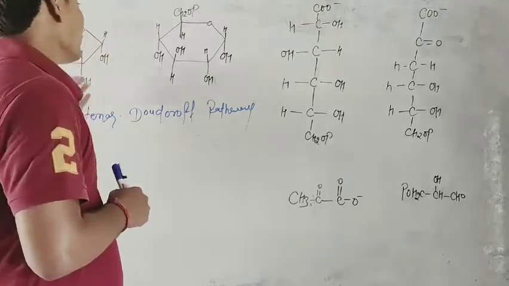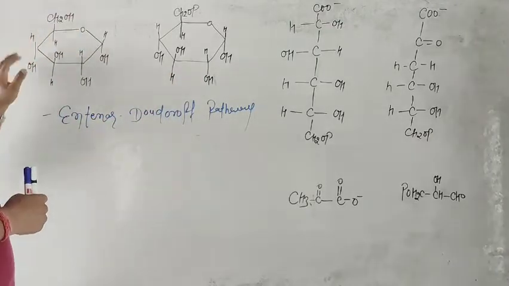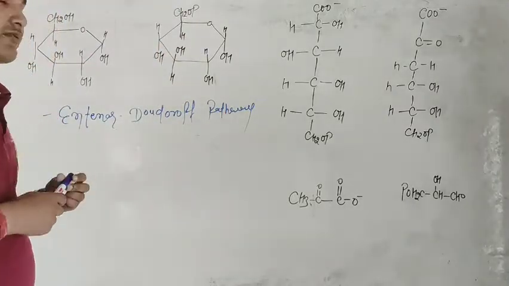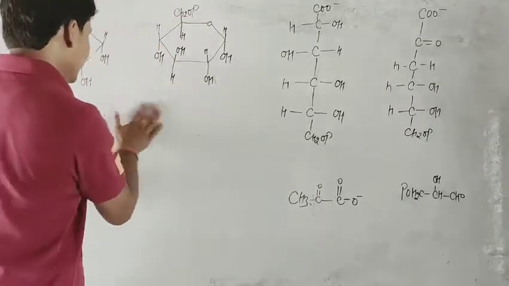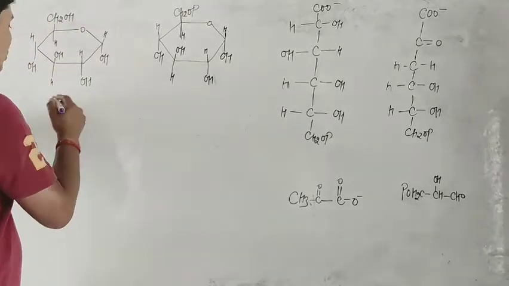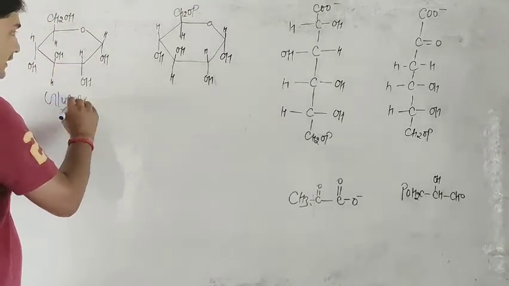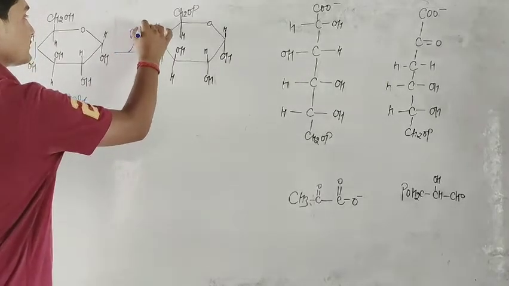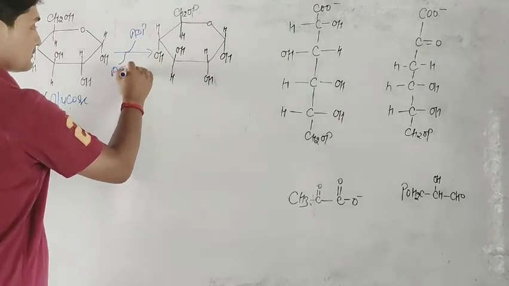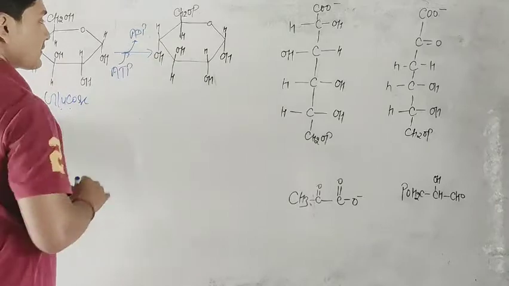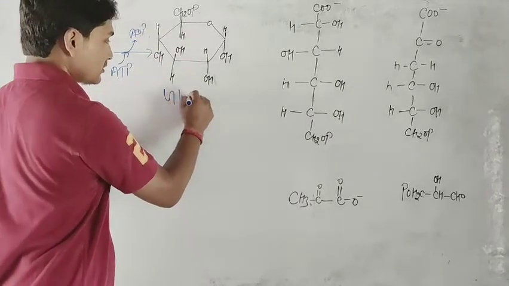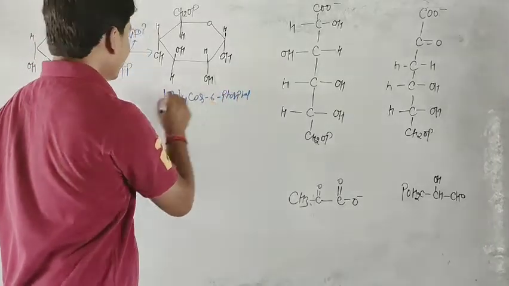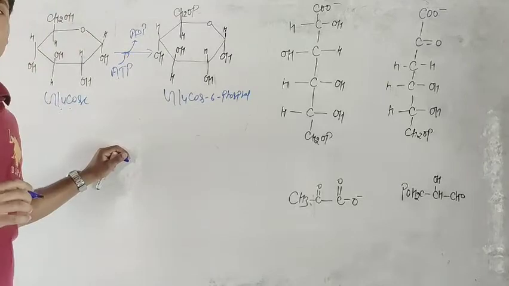If you discuss this pathway, first of all, a glucose molecule is converted into glucose 6-phosphate by using 1 ATP molecule.